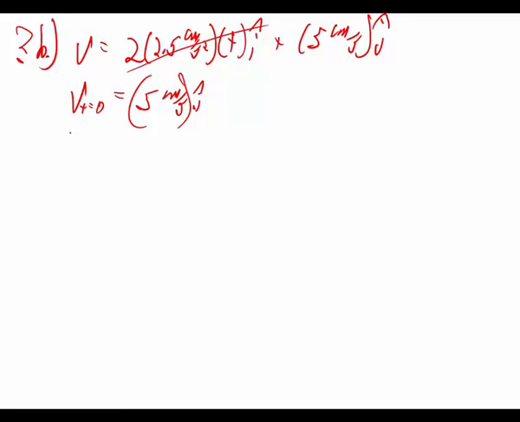What about at time 1 second? Okay, well we got 5 centimeters per second I, right? Because look, plug in 1. 1 times all that is what? 5. Plus 5 centimeters per second J, right?